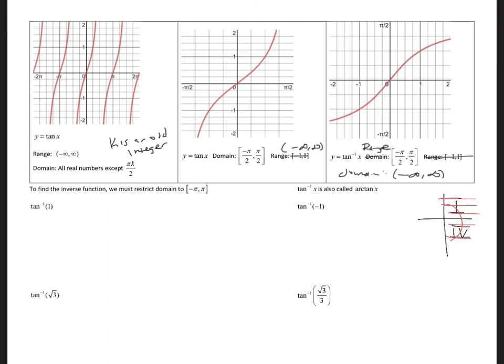So let's do some examples here. What is the angle whose tan is positive 1? And I know the values. Remember, tan of x is given by sine of x over cosine of x. And that means the values of x and y have to be equal. And because the value is positive, it has to be in quadrant 1.